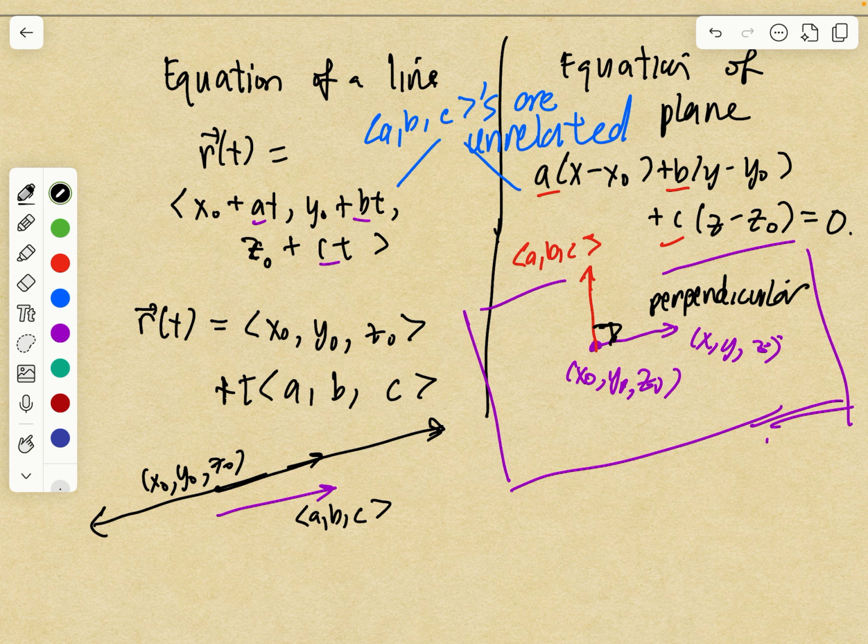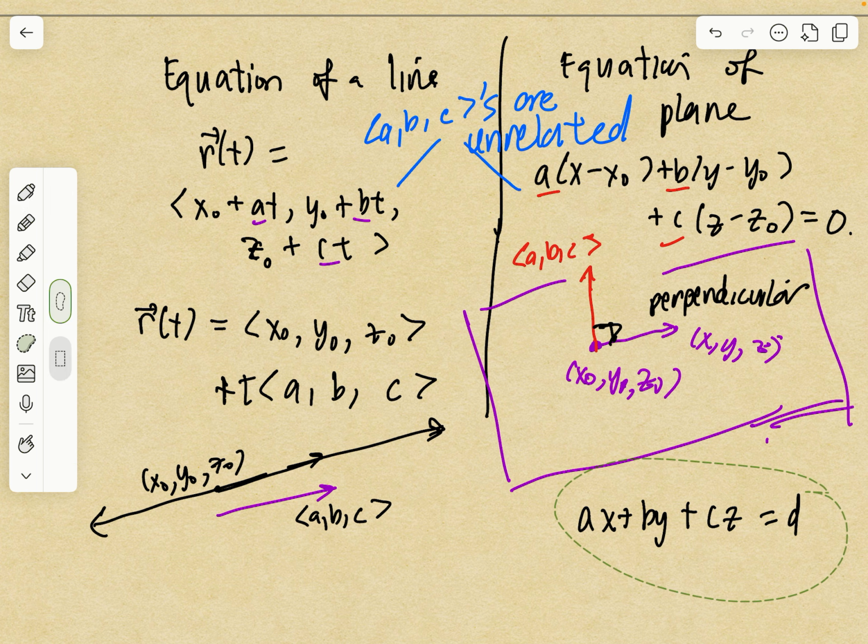And if I rewrite this equation as ax plus by plus cz equals d, then again, I have the same thing. We're not given a point. When you write the equation in this form, you're not given a point on the plane, but it's easy to come up with points on the plane. You just come up with x, y, and z that satisfy the equation.